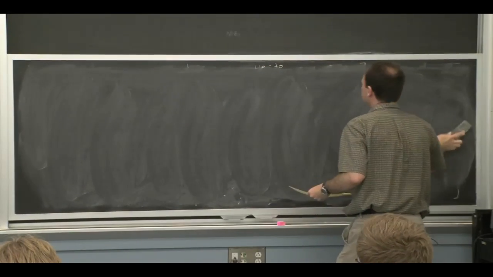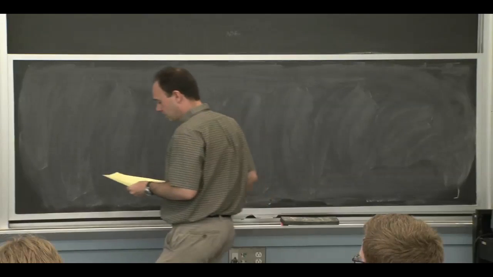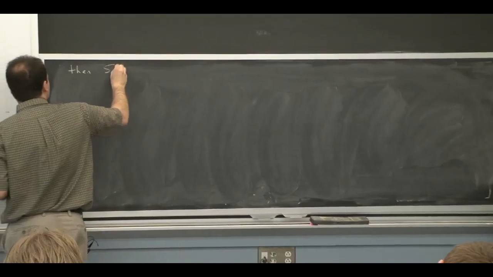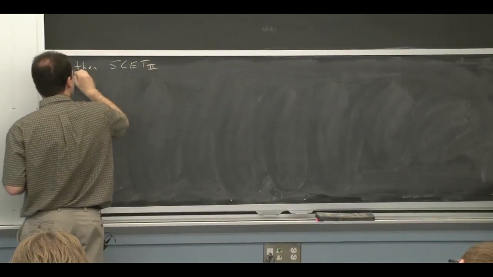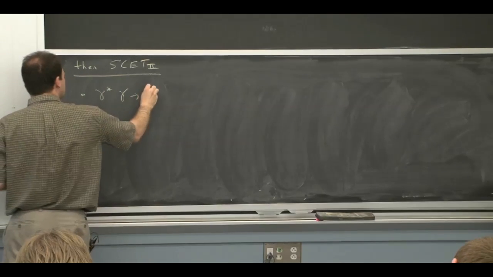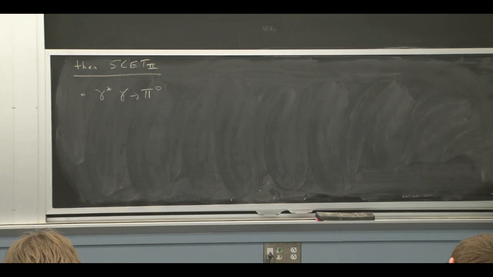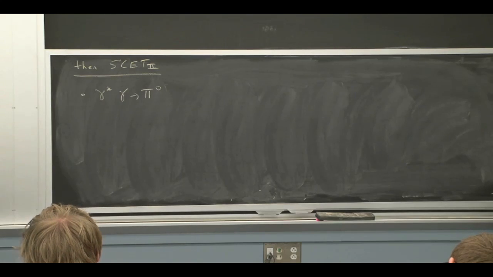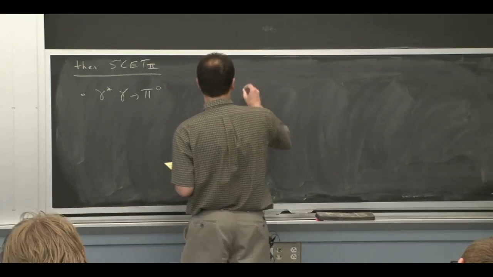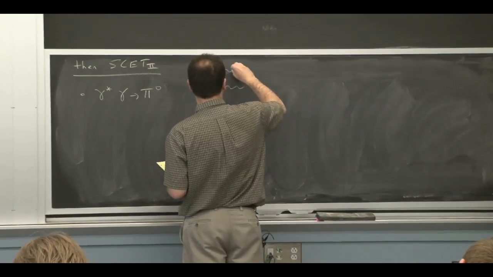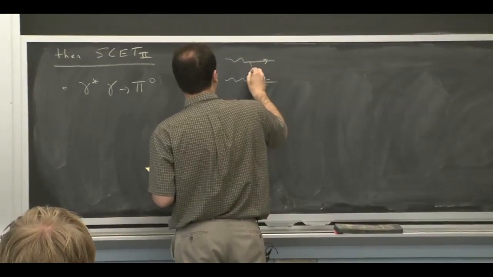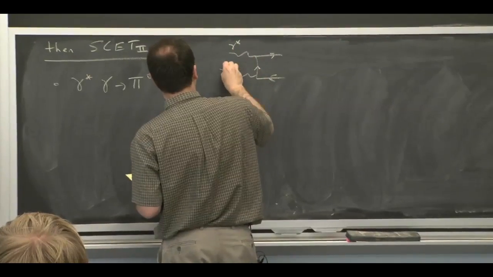And then we'll turn to SCT2. I haven't totally decided what processes I'll do, but I think I'll do the following ones. One thing you can do, which is pretty simple, is to look at something called the photon-pion form factor. So a real photon to pion transition through another virtual photon, which you can think of as happening through a diagram like this with 2 quarks, one of them off shell and one of them on shell.